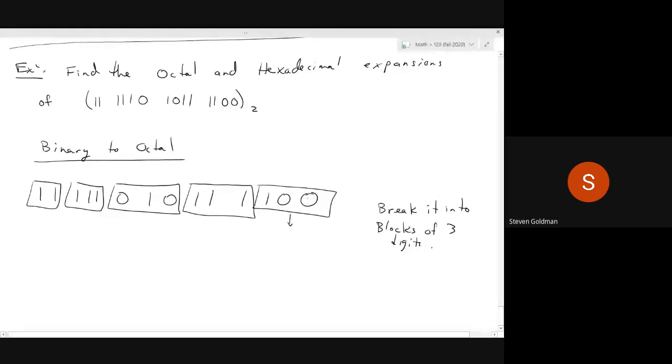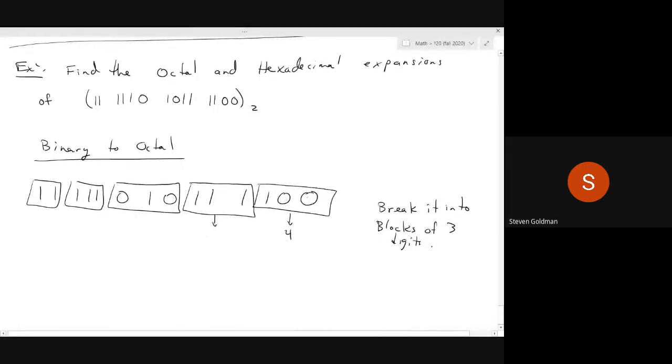This number here, 111, that's 4 plus 2 plus 1, which is 7. This number here is 2. 111 again is 7, and 11 is 2 plus 1, which is 3. So you convert each of these blocks, you get 37274. That is its octal expansion.